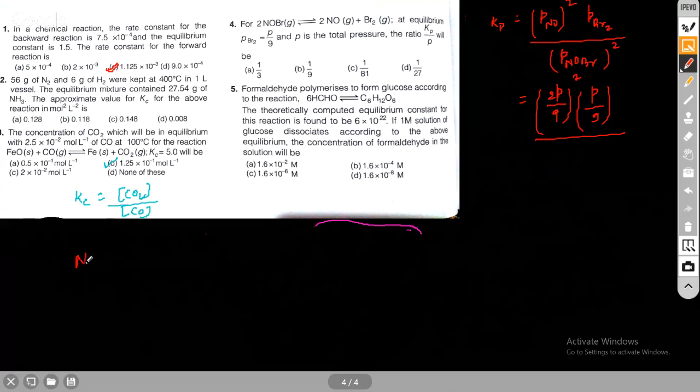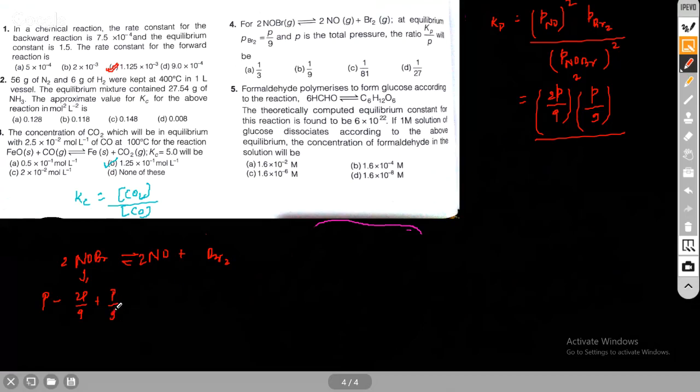The reaction is NOBr gives NO plus Br2, all are gases, 2 and 2, right? Total pressure is given as P. So for this it will be the total pressure minus the pressure of NO and Br2, which is nothing but 2P by 9 plus P by 9.